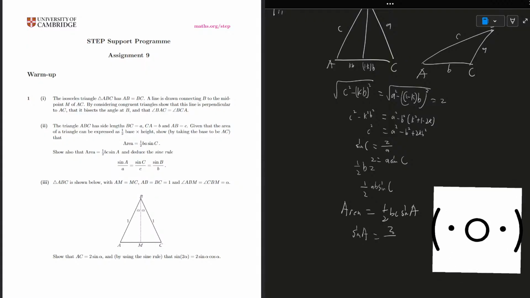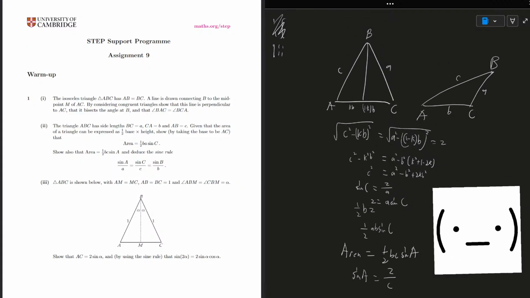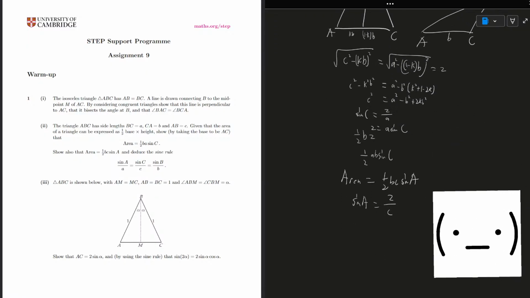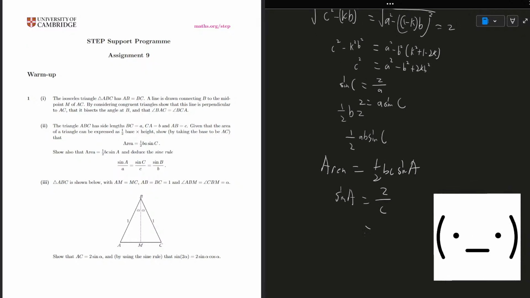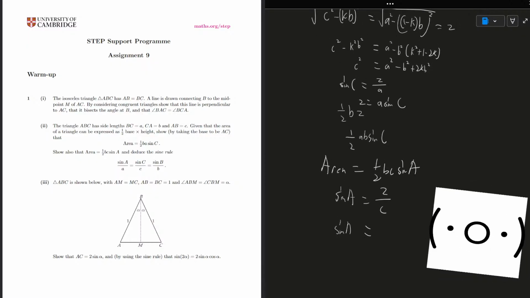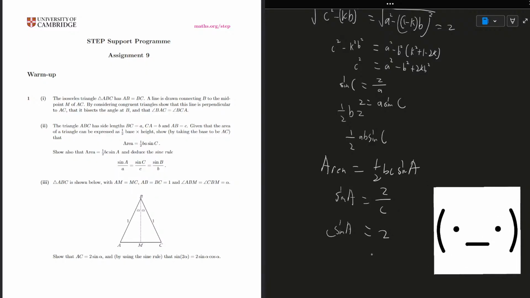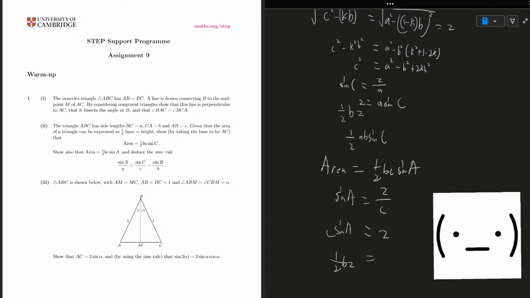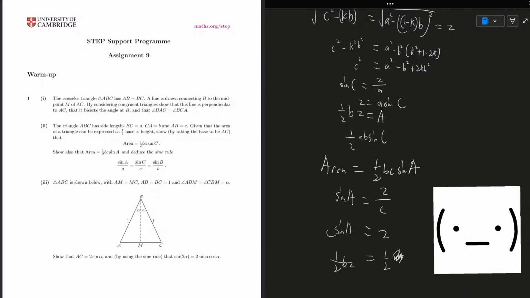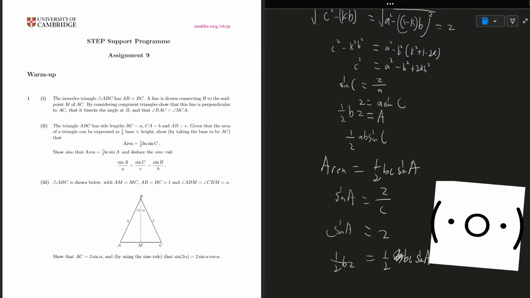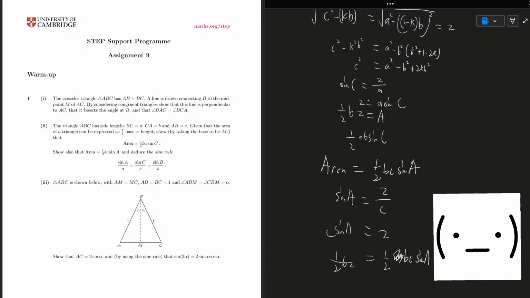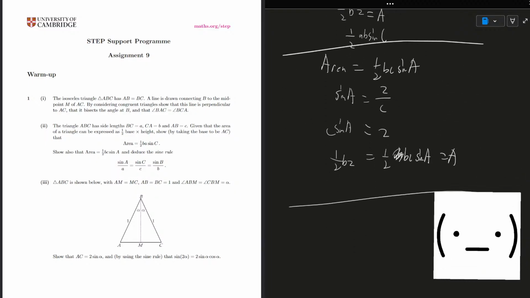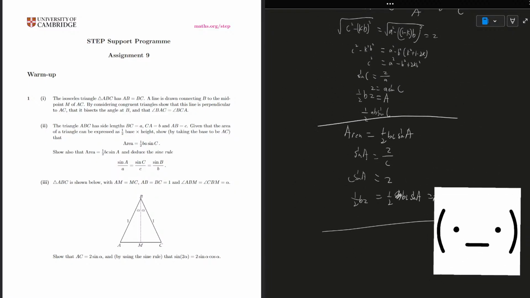Sine A we know to be Z divided by C. And so again, sine A C equals Z. So half Z C, C B Z, equals half BC sine A equals the area. And then we can use this to deduce the sine rule.